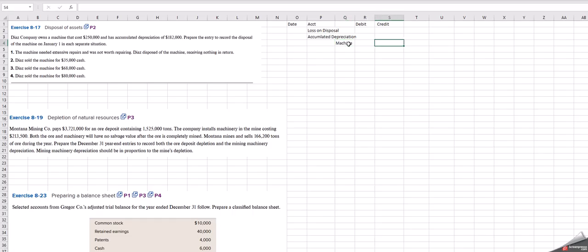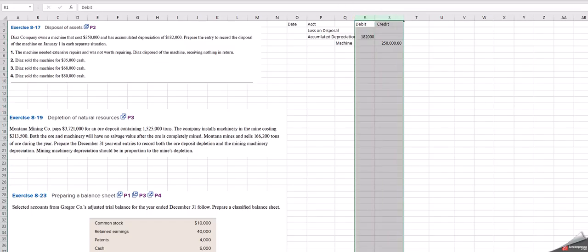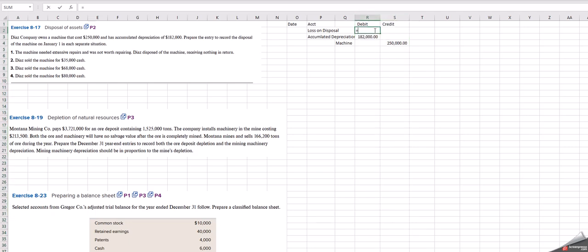So then the machine is $250,000 as our historical cost. The accumulated depreciation is $182,000. So then what do I need to make this entry balance? I need another debit. So $250,000 minus the $182,000, $68,000 is my book value on that day.